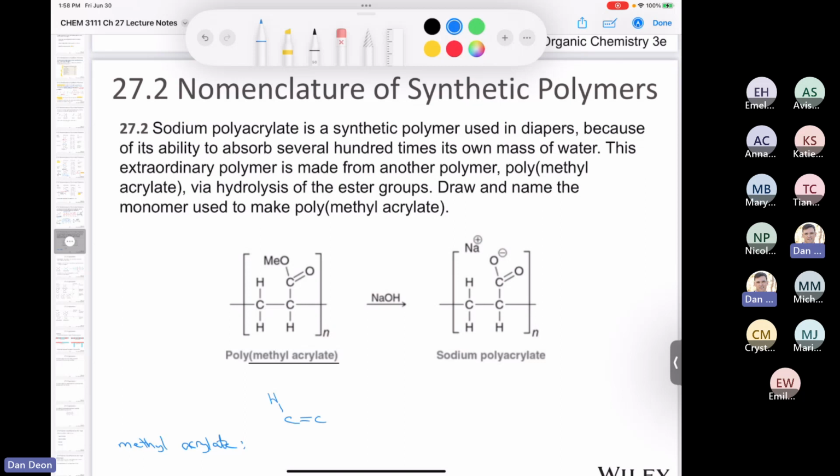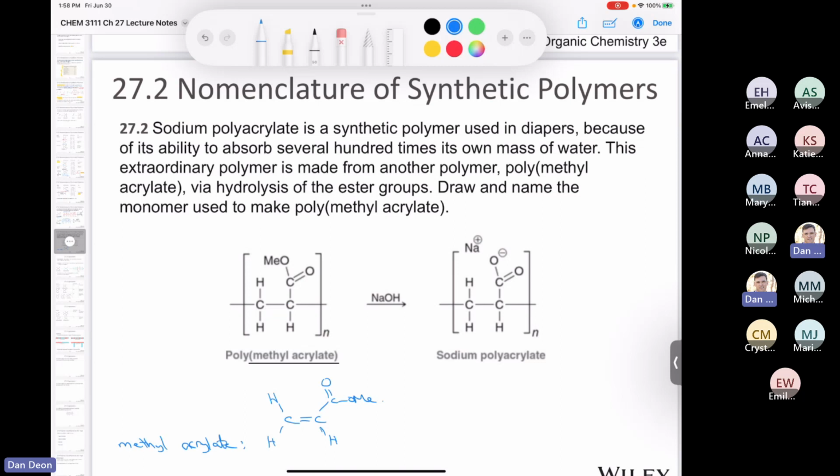And then we're going to put our two hydrogens over here. And then we have another hydrogen here. And then we have the methyl ester over here. And there you go. Methyl acrylate. That is it. Everybody with me on that one? Or any questions about that one? All right, great. Awesome, awesome.